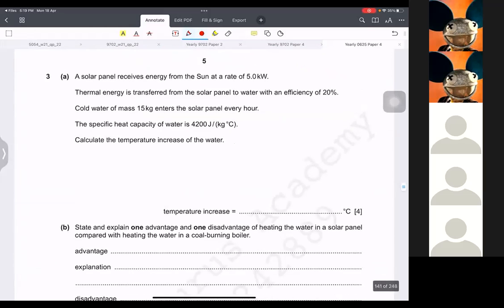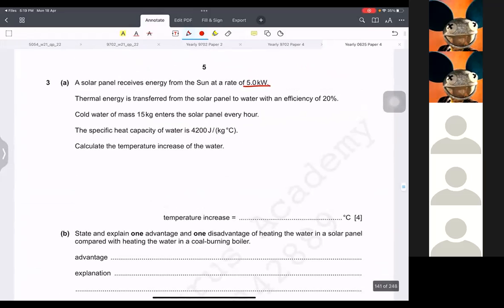Now, a solar panel receives energy of 5 kilowatt. The thermal energy is transferred by the solar panel to cold water, 15 kg, enters, and specific heat capacity, calculate the temperature increase. First of all, we'll find how much energy we have. Okay, there's time as well. Fine.